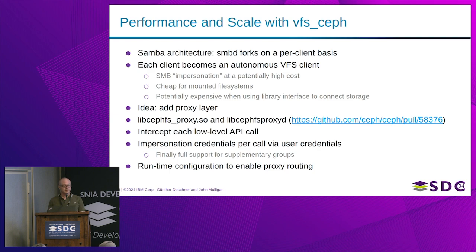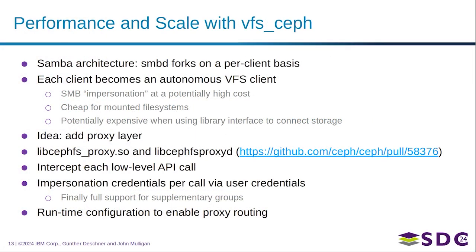Then, of course, another big area of work that we're currently spending a lot of time on is the whole performance aspect. As you know, with Samba you have this process model where a main smbd daemon forks processes for each client, and each client loads the VFS module independently. For VFS modules with a very slim interface and few dependencies, this is not a big concern.